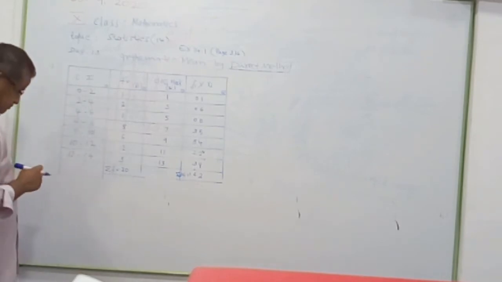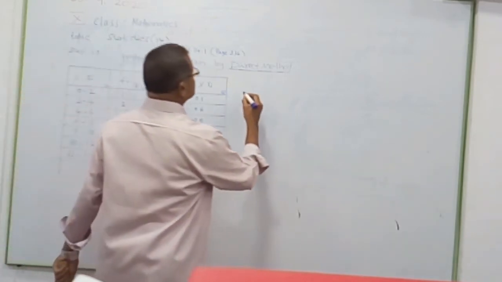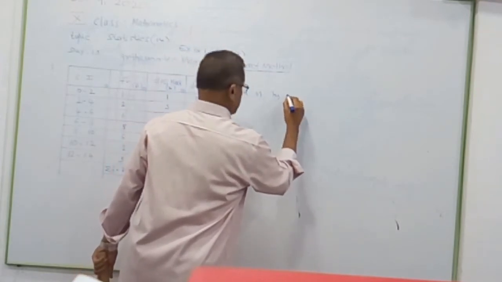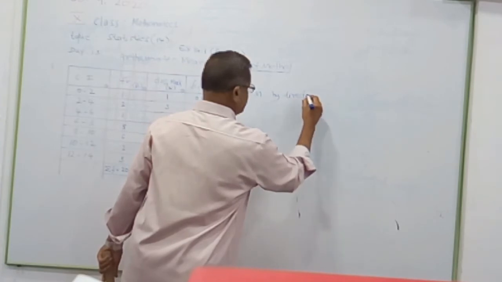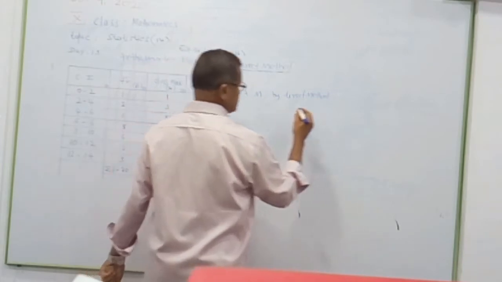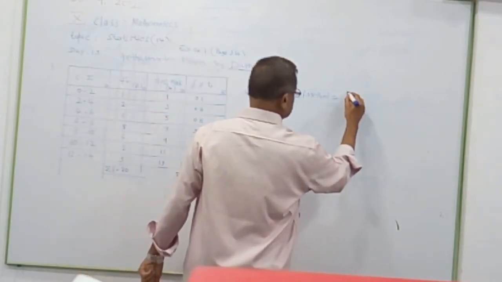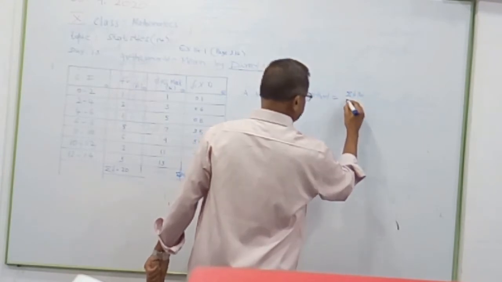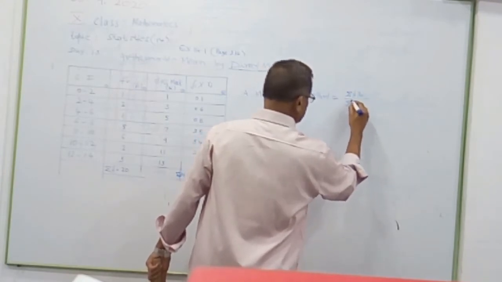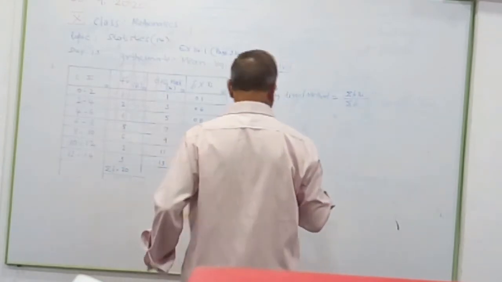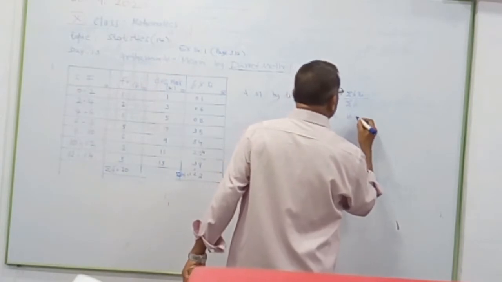Now arithmetic mean, AM by direct method, is equal to sigma Fi Xi by sigma Fi. Sigma Fi Xi is 162 by 20.